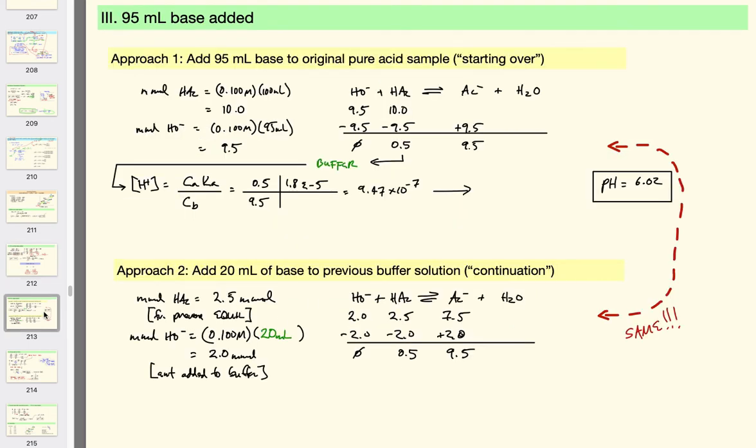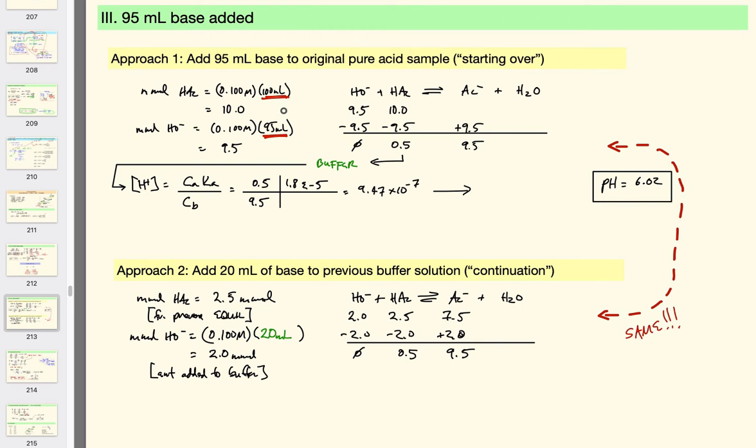Okay, let's edge up closer to the equivalence point. Let's now say we add 20 more milliliters of base to it. In other words, my total base is now 95 as opposed to 100. So I've almost titrated with enough base to cover the full amount of acid, but not quite.